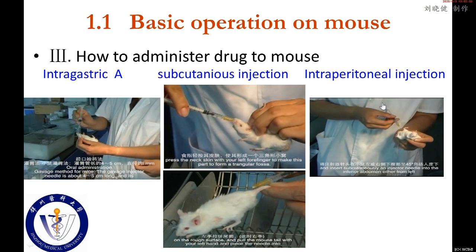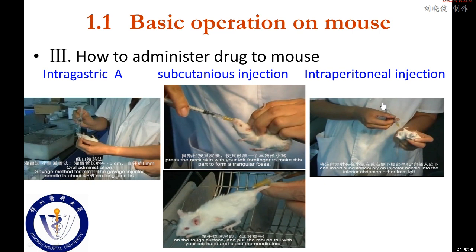Maybe if someone remembered when you studied absorption, because routes of administration often affect the rate and extent of absorption of the drugs.